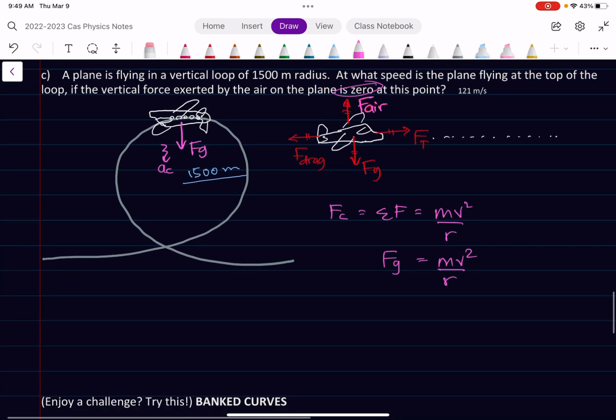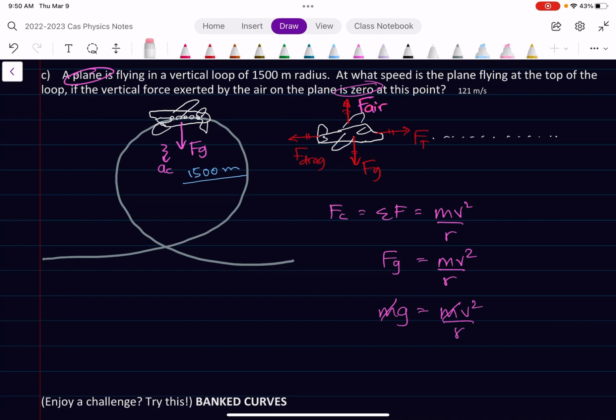Now we know on the surface of the Earth, Fg equals mg, so the mass of the plane times the acceleration due to gravity, and this is mv squared over r, so you can see that the masses cancel. If you were worried about the fact that there was no mass in the problem, it doesn't matter what the mass of the plane is. This is true regardless of its mass.